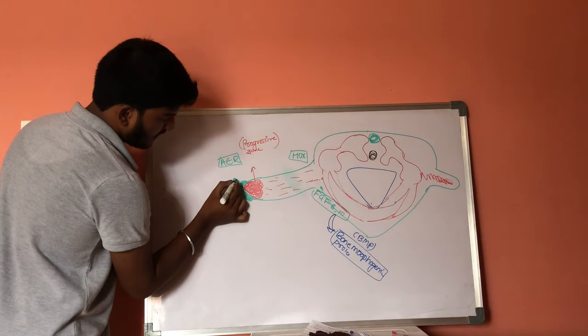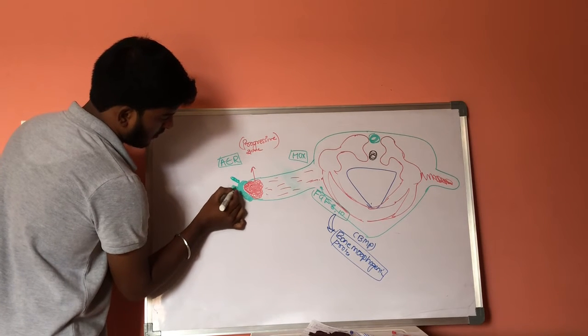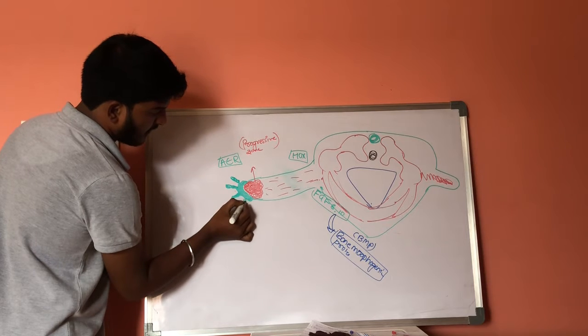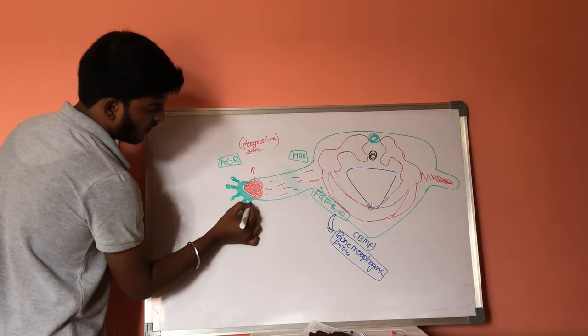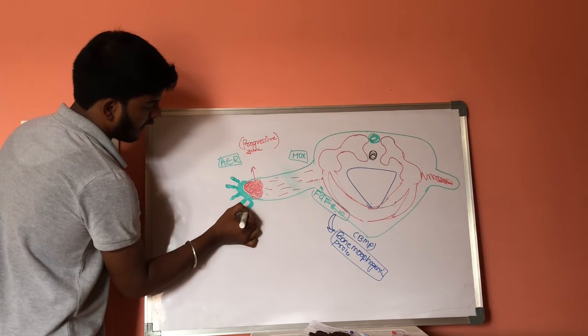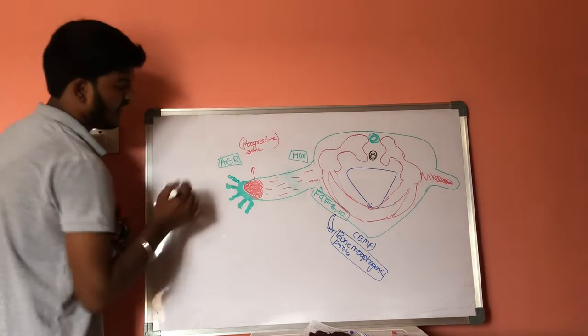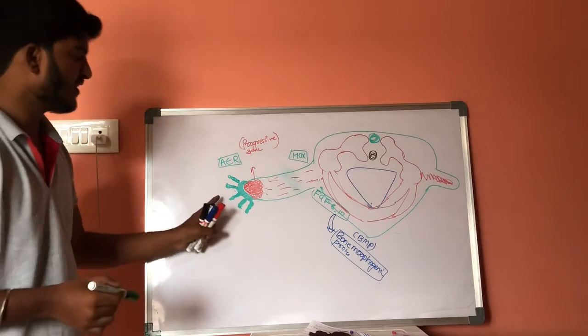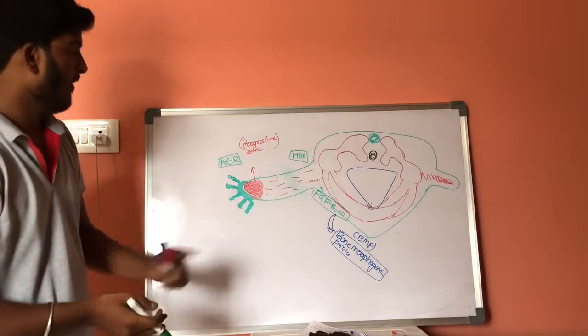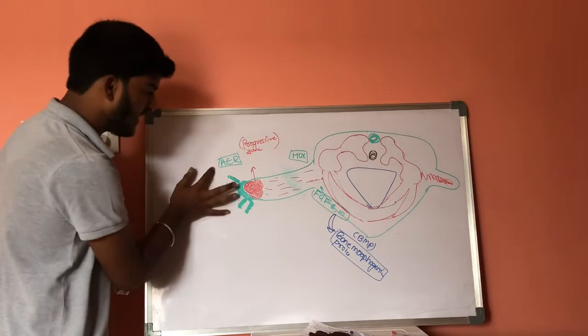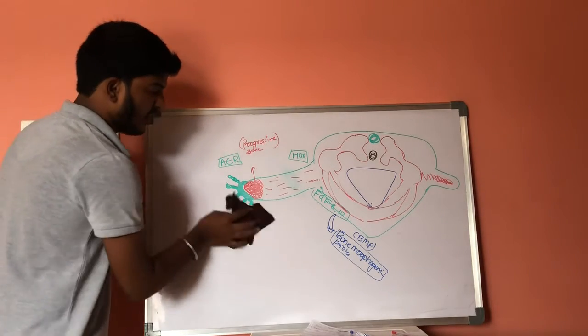In this way, 1, 2, 3, 4 and 5. In this way, it involves division into 5 subdivisions. Whenever this area is divided into 5 subdivisions, the diagram will be changed.